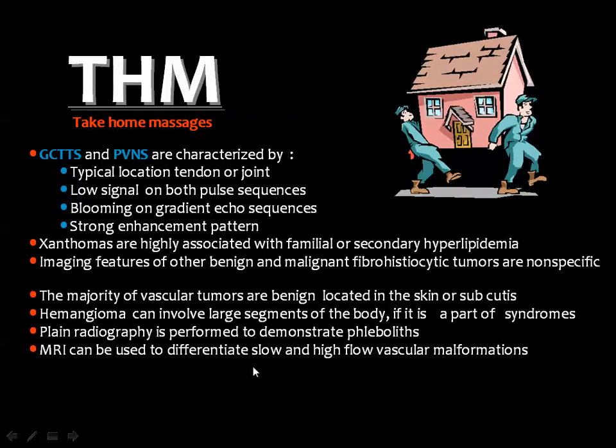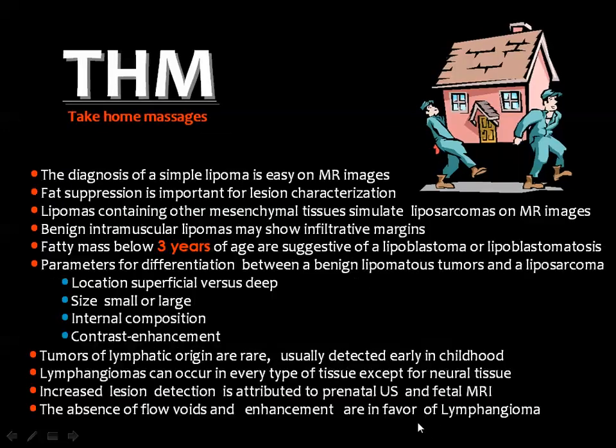MRI can be used to differentiate slow and high flow vascular malformations, and this also can be differentiated by Doppler ultrasound. The diagnosis of lipoma is very simple on MRI imaging if it has the classic features.